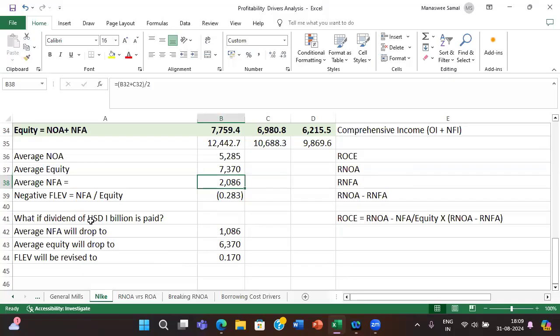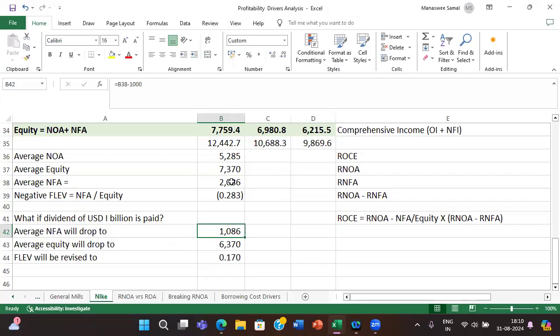Before this hypothetical dividend payment, your average NFA is 2086. Once you clear this dividend payment, it will of course drop to 1086, isn't it? Cash will move out. You will sell some financial assets and get cash. Ultimately, cash will move out from the balance sheet. At the same time, the equity will also drop, because dividend is a reduction of equity.